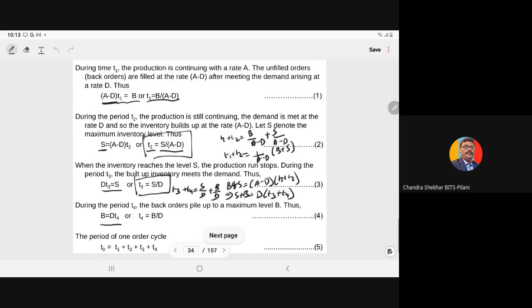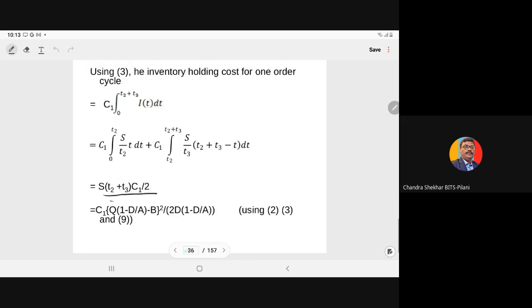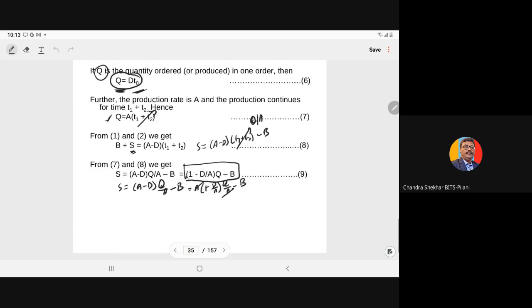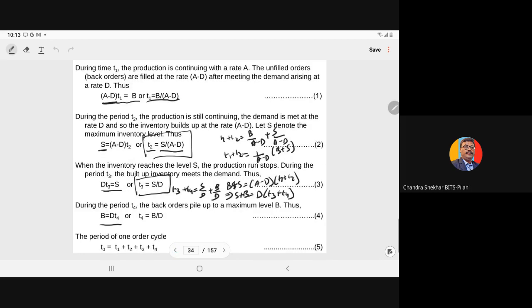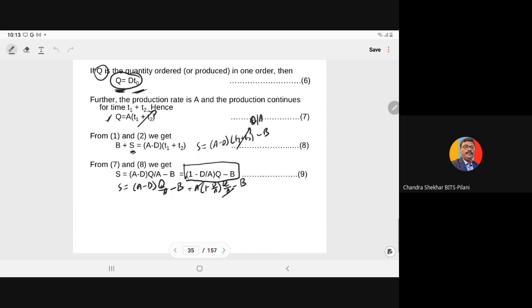In the periods T3 and T4, we are only utilizing. So from the first and second periods, we have B plus S is equal to (A minus D) into (T1 plus T2).